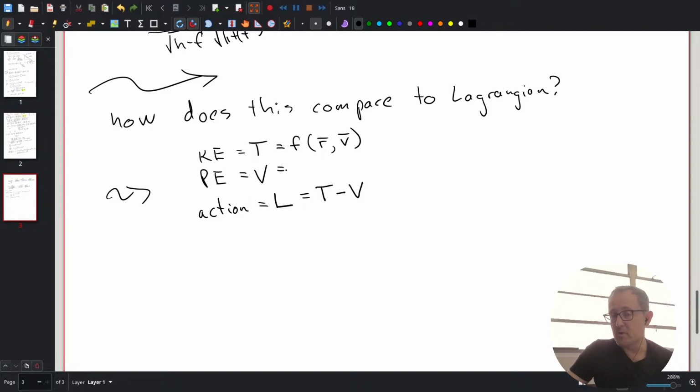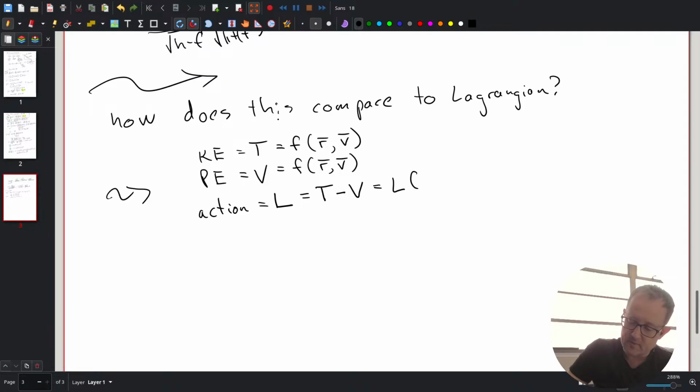Potential energy, for the most part, is always just a function of position, but in general, we could say that it's some function of r and v, even if that function of v is 0. So L is some function.